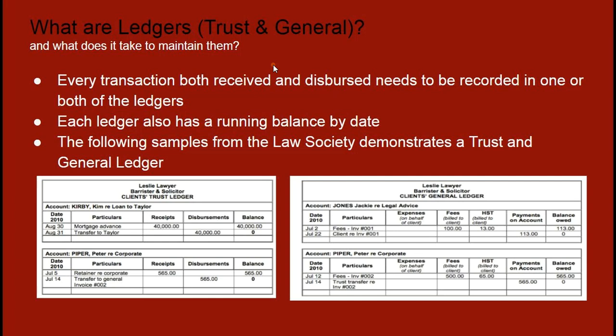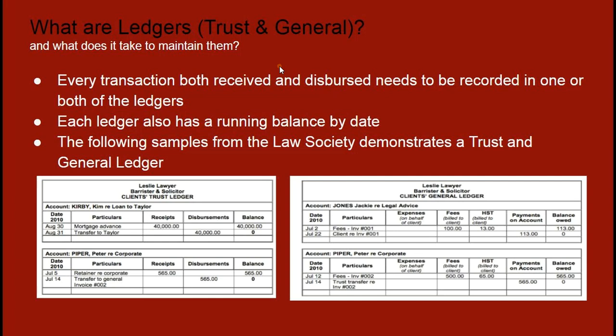So of course you go into a financial institution, whether that's a bank or a credit union, you set up your financial account, and maybe you have a general account and your trust account, right? And as you receive funds, let's say you receive a $1,000 retainer, that $1,000 goes into your bank account.